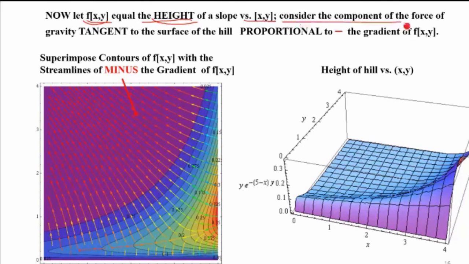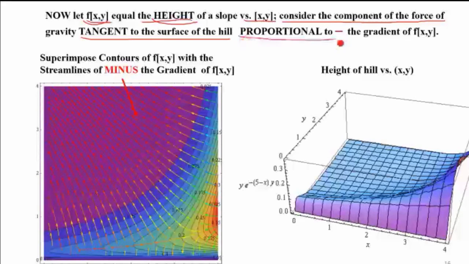Consider the component of the force of gravity that is tangent to the surface of the hill. The force of gravity tangent to the hill would be proportional to minus the gradient of f(x,y). And so in terms of the contours, I have to turn them around, and so I just took minus the gradient and then took the streamlines. And so these are the streamlines that point in the direction that would take you down the hill, basically.